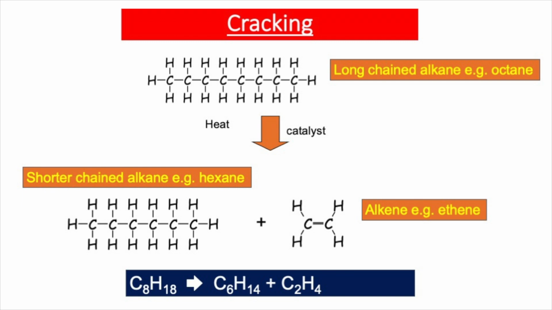Now, you've got to remember that cracking involves breaking down long chain hydrocarbons into smaller, more useful hydrocarbons using heat and a catalyst. A number of different catalysts can be used in this process.